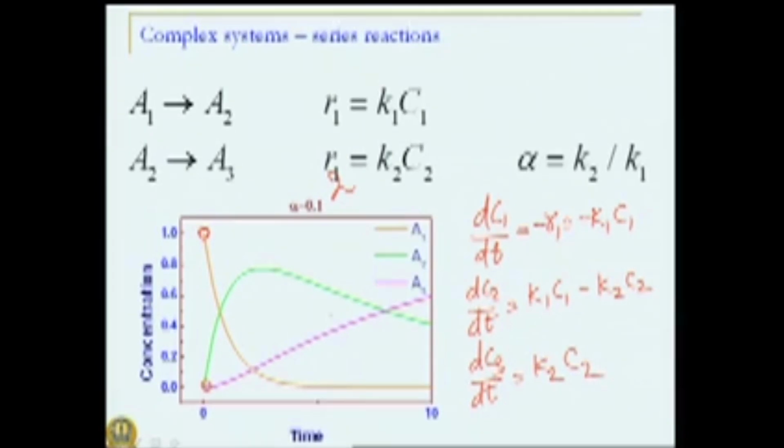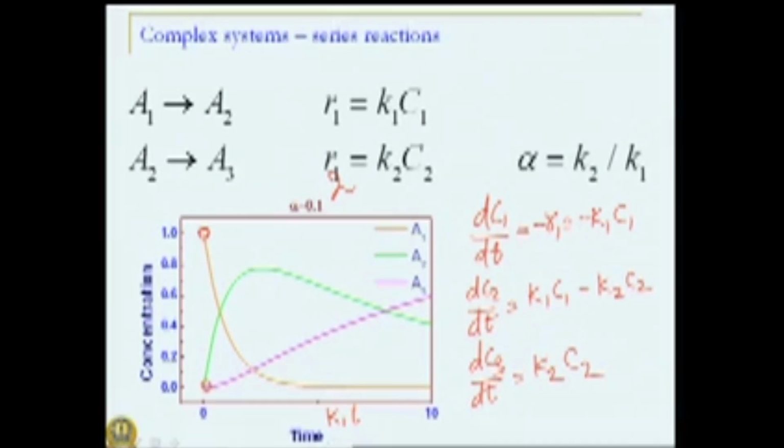the simulation of these equations for a value of the ratio of K2 by K1. Now, it turns out that if you make these equations dimensionless, then time can be represented as K1t. So, this is actually not real time, but K1 into t.